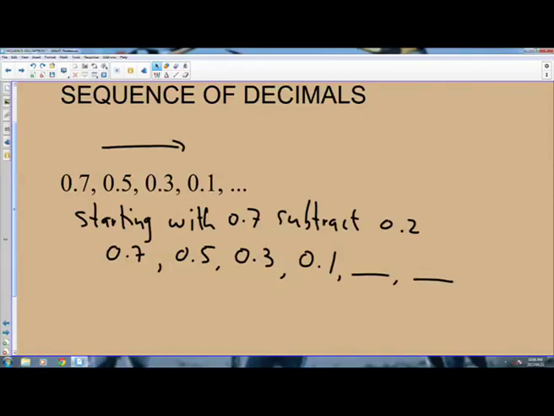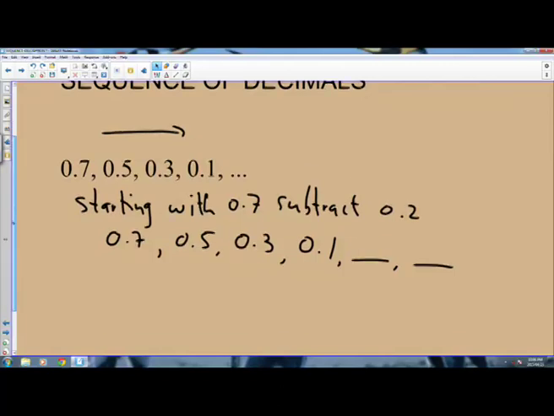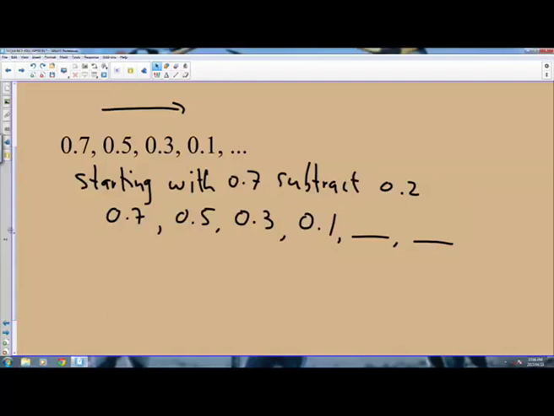We are subtracting 0.2. So we start with 0.1. What is 0.1 minus 0.2? It's negative 0.1. So we're going to have negative 0.1.